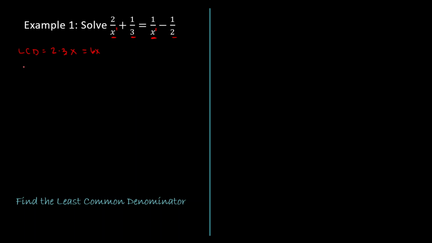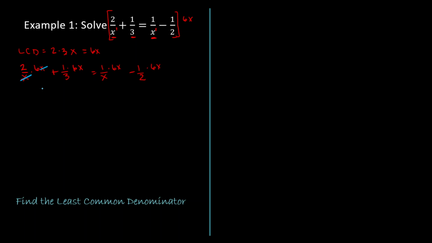So I'm going to multiply the entire equation by 6x. So I'm going to have 2 over x times 6x. I'm going to have 1/3 times 6x, 1 over x times 6x, and a minus a half times 6x. Now when I do this multiplication, these things are going to reduce.